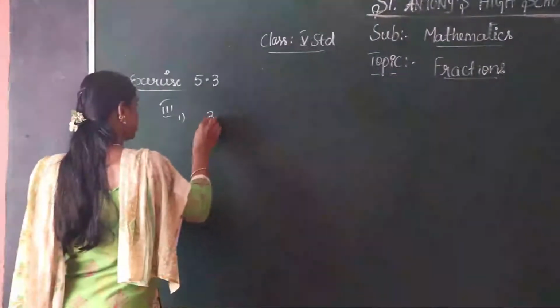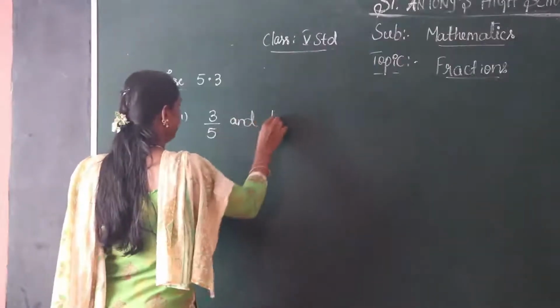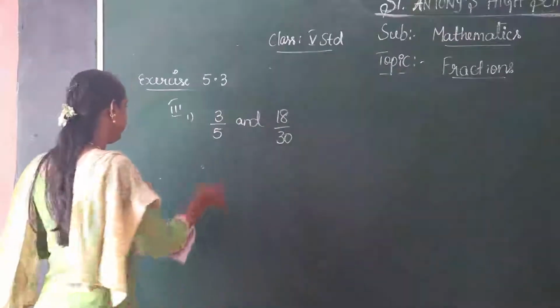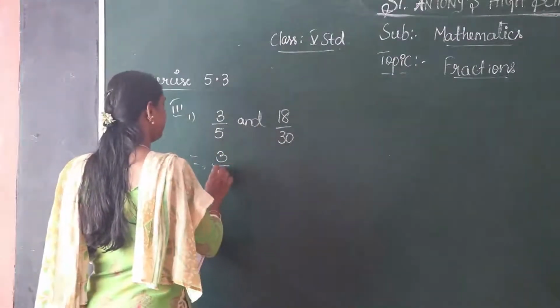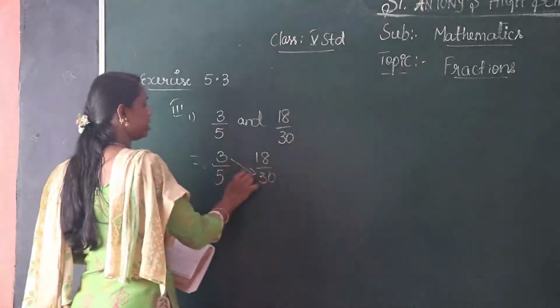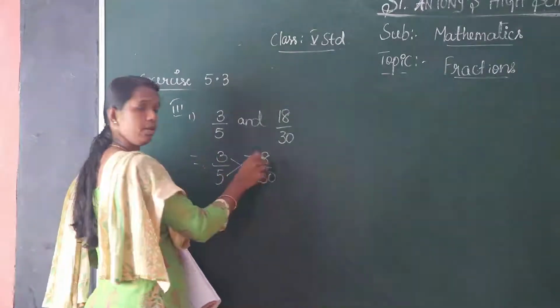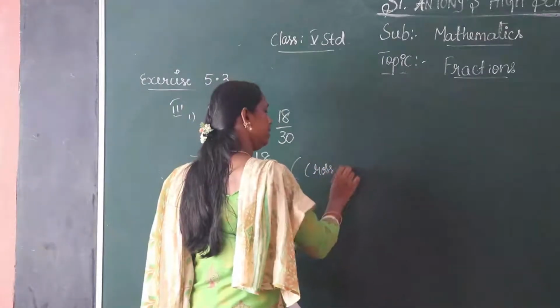The first fractions are 3 by 5 and 18 by 30. Write down 3 by 5, 18 by 30. So cross multiplication: numerator to denominator and then denominator to numerator. In brackets write down cross multiply.